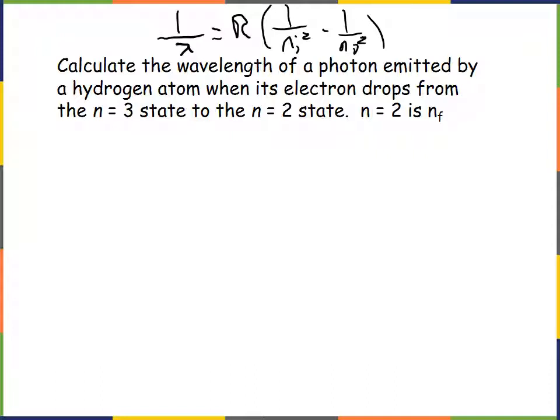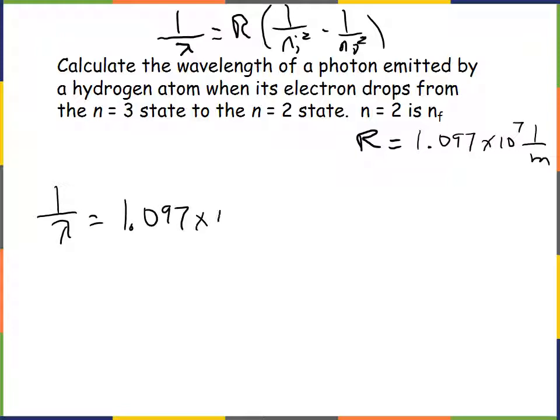Using meters for the unit in our wavelength, our R value is equal to 1.097 times 10 to the 7th units of per meter. So that's what I'm going to do. 1 over the wavelength is equal to the R, 1.097 times 10 to the 7th per meter times lower value, 1 over 2 squared minus 1 over 3 squared.